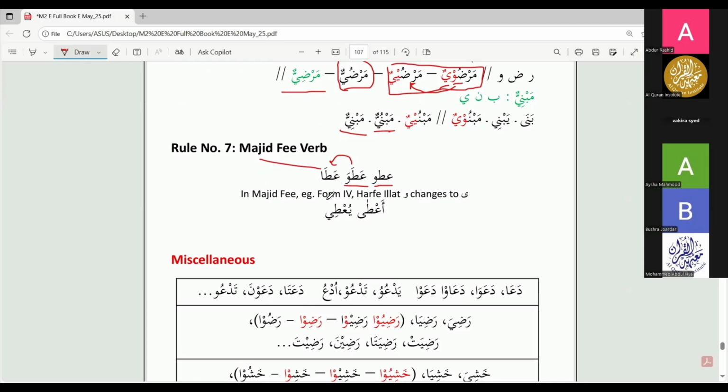But in Majid fi verb in form 4, this waw is not changed to alif, but it's changed to ya here. You see there's ya ending, and in mudari, this is ya ending. This is not the ta'lil process, this is just a madi verb, and this is mudari. Af'ala yufailu pattern.